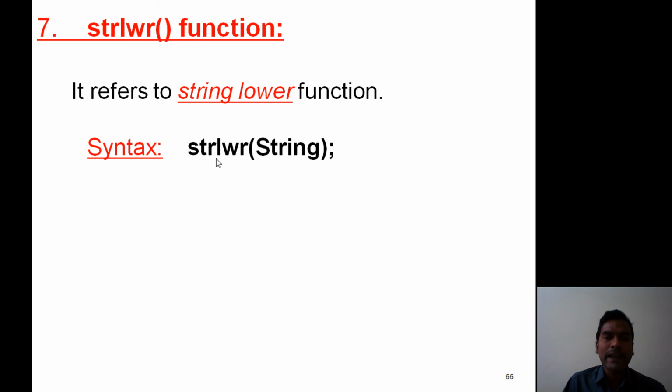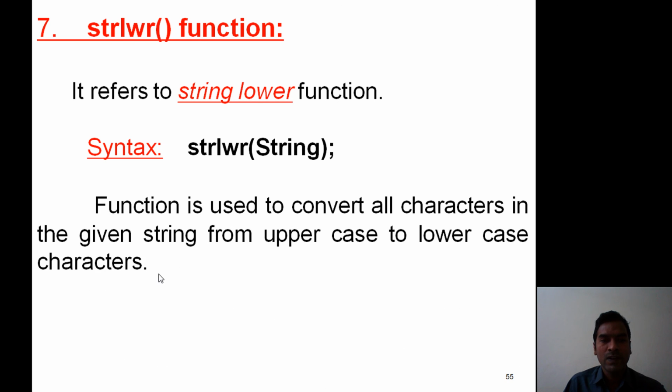Syntax: strlwr of string. Here this function accepts only one argument as a string. Now it converts the uppercase characters into lowercase characters. So this function is used to convert all characters in the given string from uppercase to lowercase.